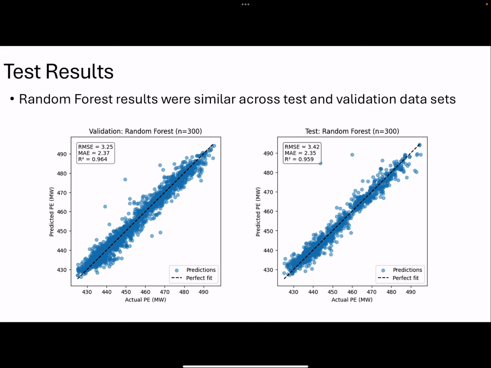The MAE and the root mean squared error are also within the same bounds. So random forest would be the best to use going forward. If this company were to use a model, they should use the random forest model to predict their output.